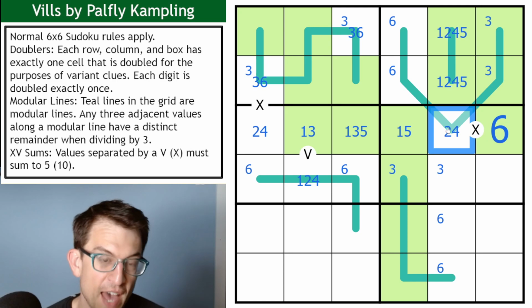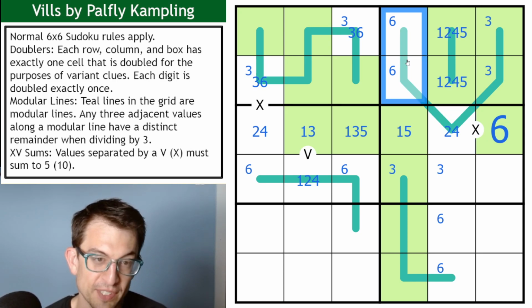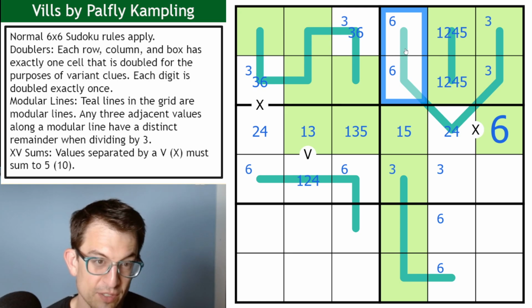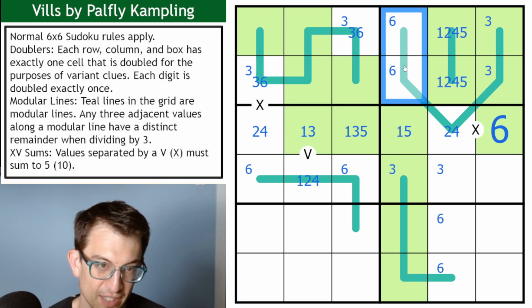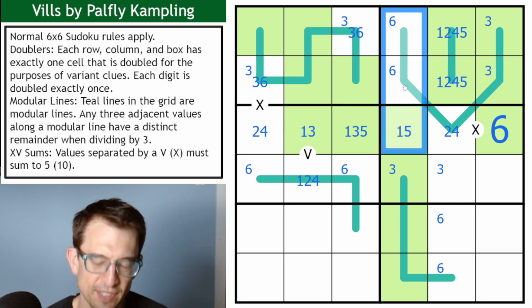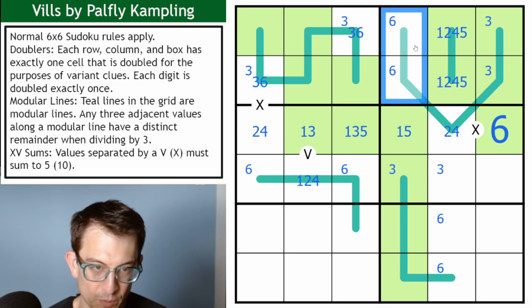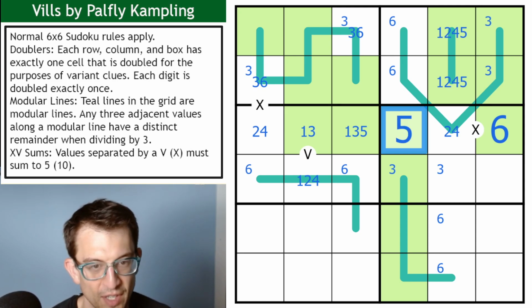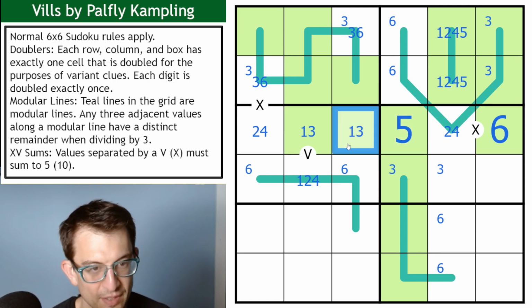In fact, the value here is 4, which means the value here is in the 2 group, which means the thing in here that gets doubled is in the 1 group. So if this is 1 and I had doubled 4 here, that would cause a problem down here because I wouldn't have a 1 or 4. So this in fact is a 5. But that doesn't tell me anything about this because it depends on whether or not it's doubled.